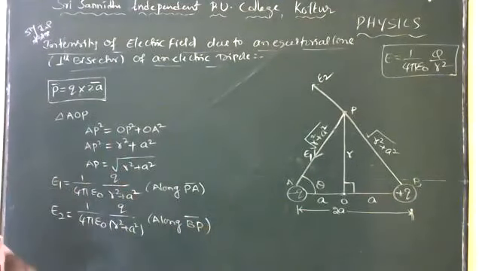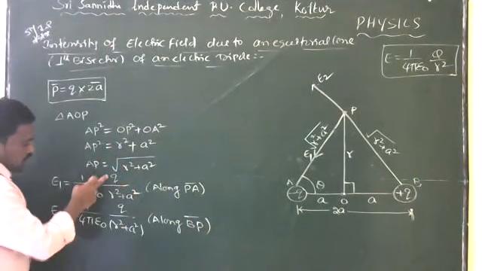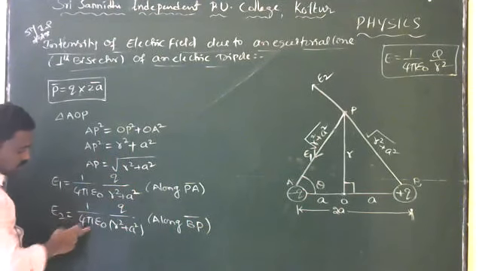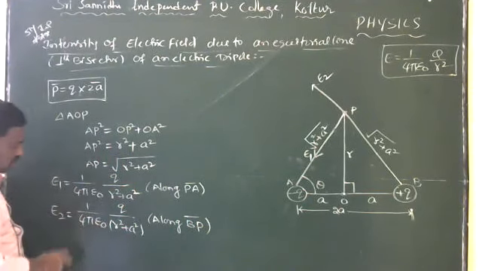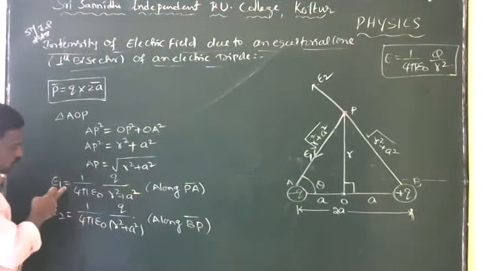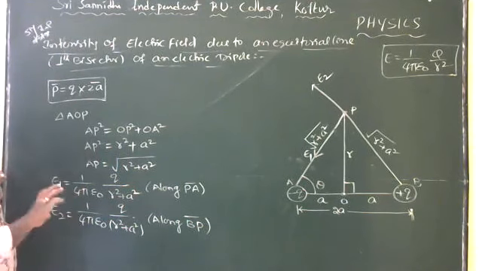So it is clear. What is the value of E1? It is 1 by 4 pi epsilon naught Q by R square plus A square. The E2 value is also 1 by 4 pi epsilon naught Q by R square plus A square. So these two are equal in magnitude but different in direction.